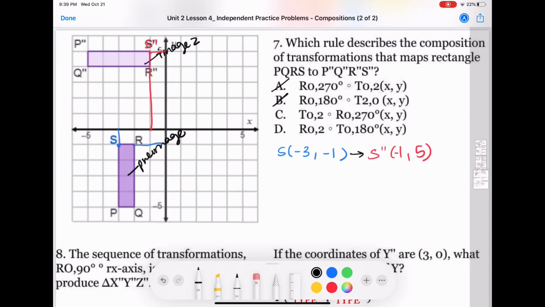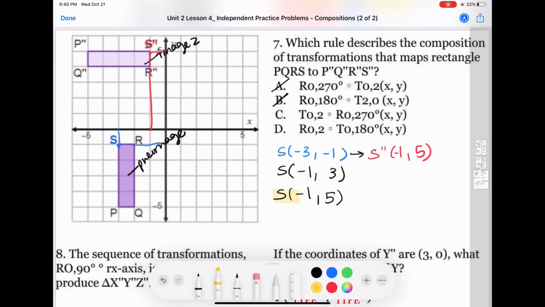So we'll try the next one. Here we have first a rotation 270 degrees, which tells us to switch the X and Y coordinates, and then to go ahead and negate the X. And then we have a translation up 2 units, so we have S, -1, 3 plus 2 gives us 5.